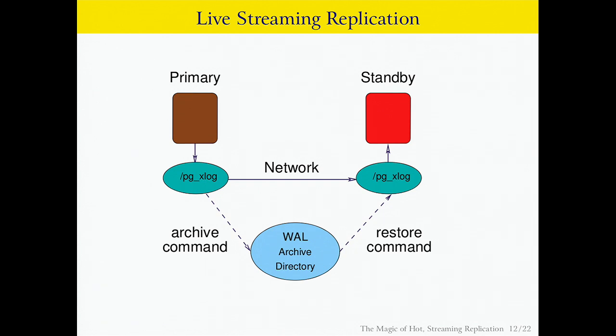It's merely replaying, and this is an example of how the write-ahead log, started only for crash recovery, was enhanced to do point-in-time recovery, and then became used very significantly for replication.